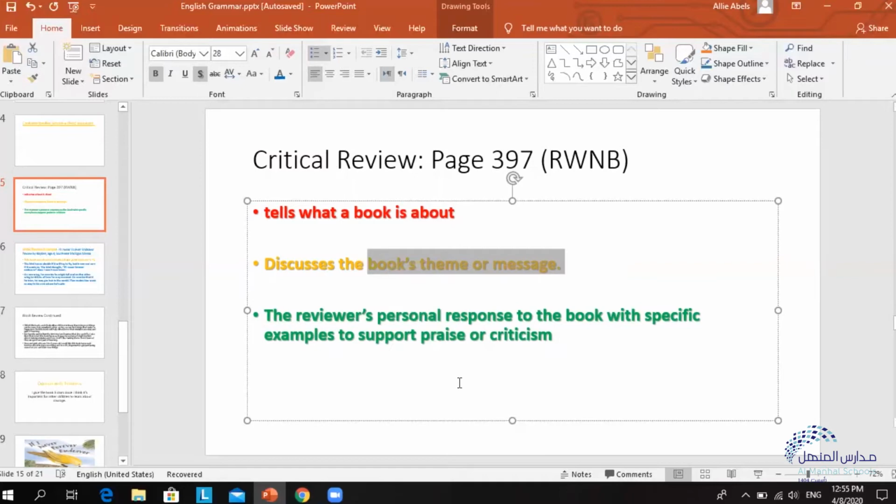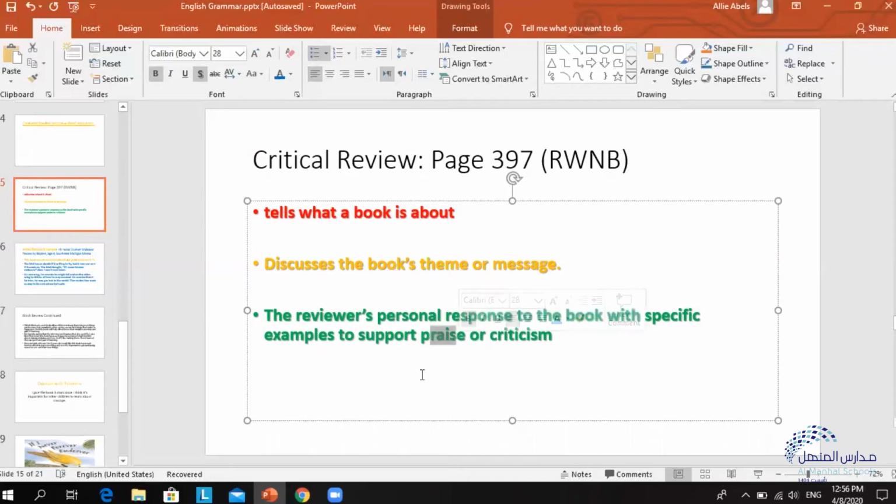If you are giving a second opinion about Harry Potter, written by J.K. Rowling, then you need to include in your critical review what the book is about, number one, and number two, what the important message is of Harry Potter that was written by J.K. Rowling.